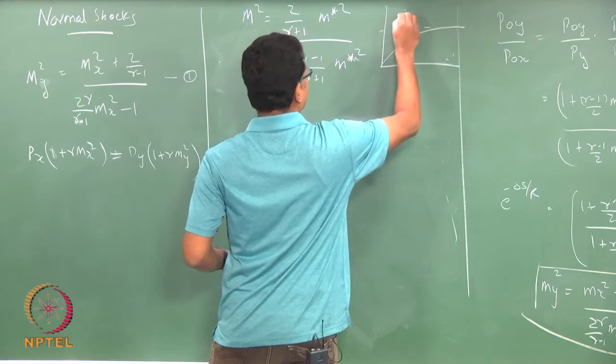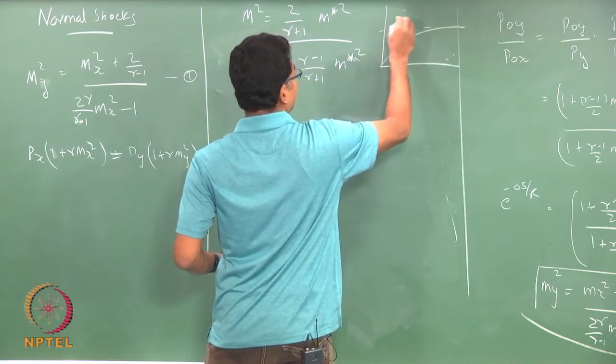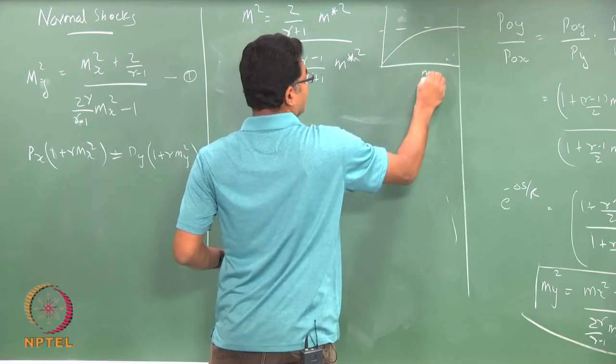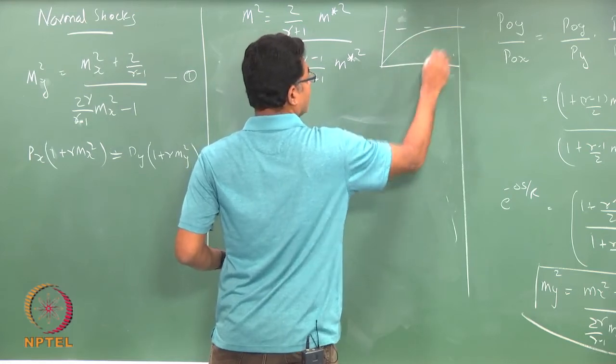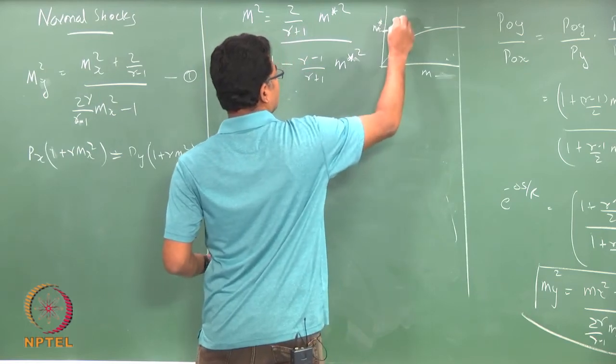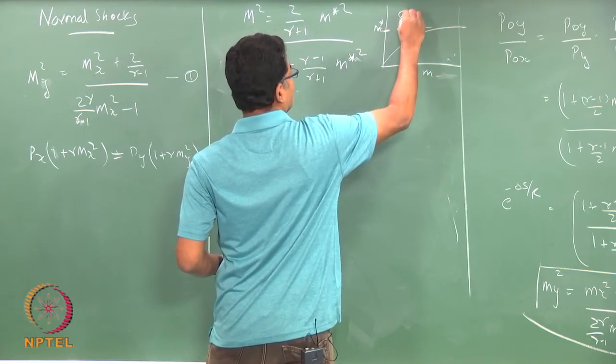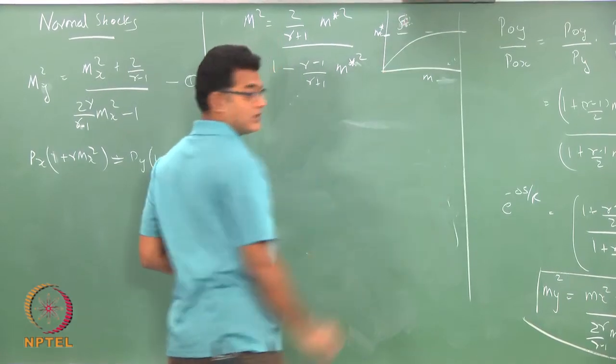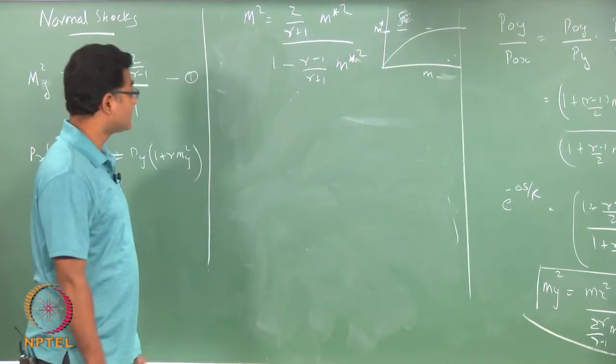So, as M tends to infinity, this is my asymptotic value of M star, which is root of gamma plus 1 by gamma minus 1. So, all those things we had seen.